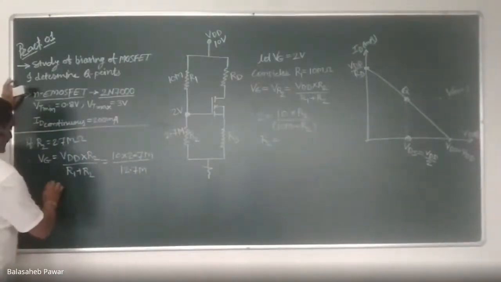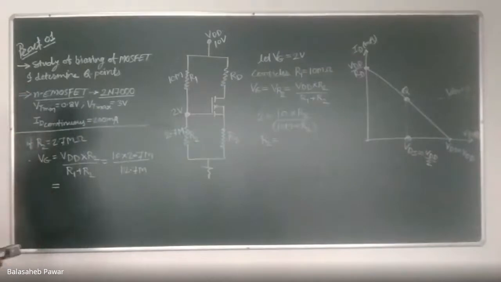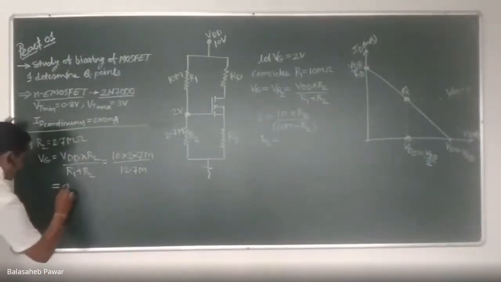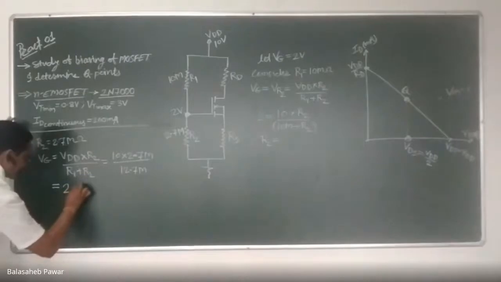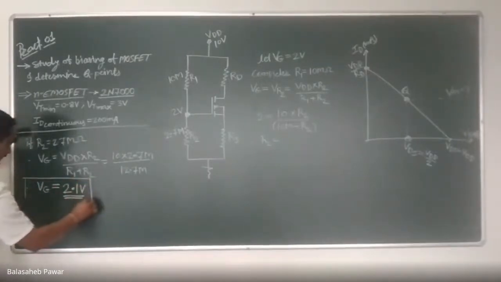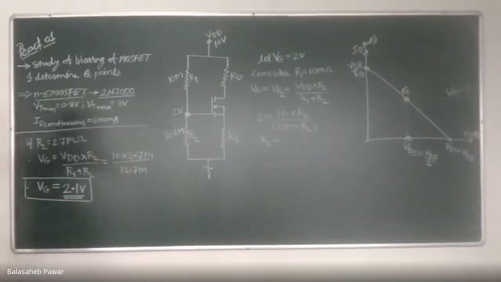So the actual available value of VG will be calculated. 2.1. Okay, good. It is 2.1 volts. So remember this value. Therefore, VG equals 2.1 volts. Correct?